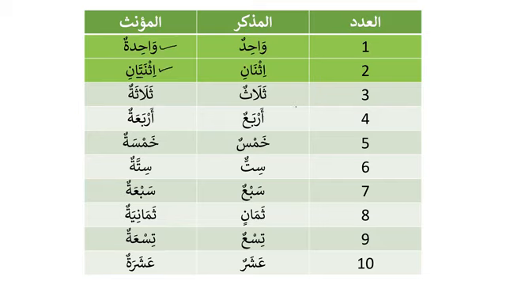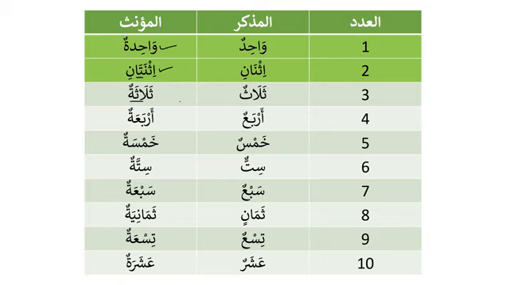The numbers from 3 to 10 are different. How are they different? For example, when we say number 3 for the masculine, we say thalathun, and for the mu'annath, we say thalathatun. However, we know that for the numbers from 3 to 10, they are opposite. When we talk about al-adad, the adad will be opposite in gender.